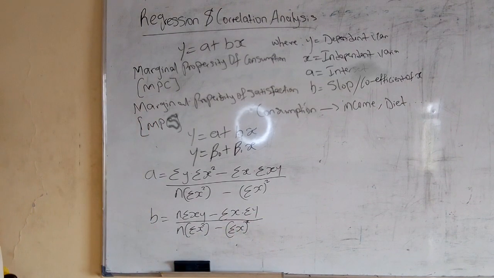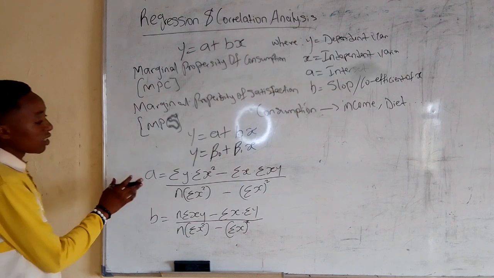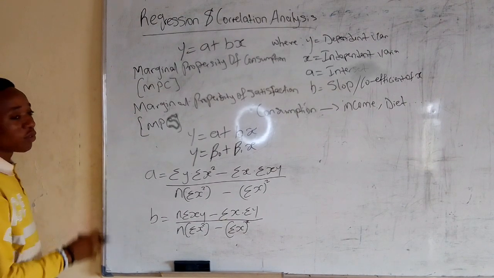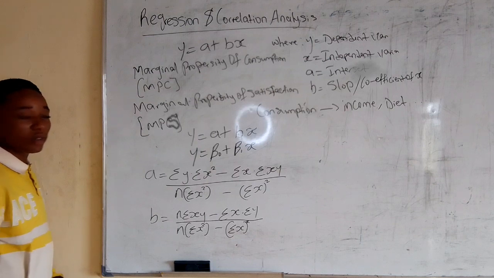So this is the formula for finding the intercept and the slope of a simple regression, a simple linear regression.